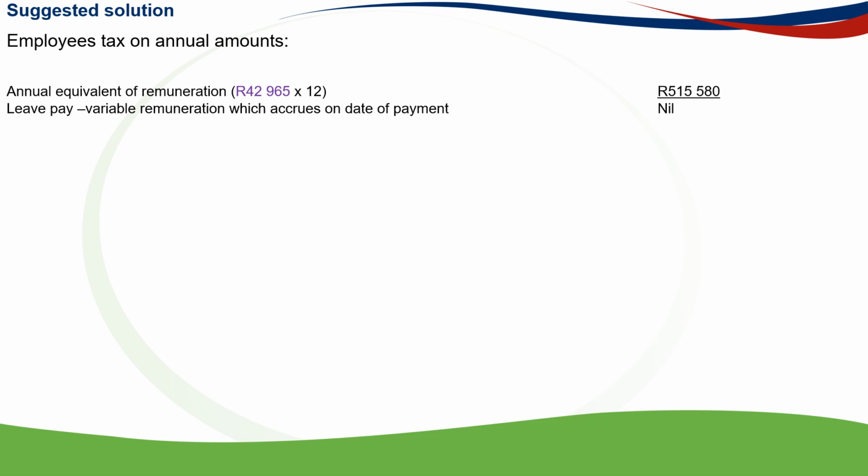And now we add to that the annual amounts. The leave pay, like we said, is variable remuneration, which accrues on the date of payment, which will be the 31st of March 2023, if it happens. And the backdated pay received in December, 800 times 5, 4,000 Rand, is part of this calculation.